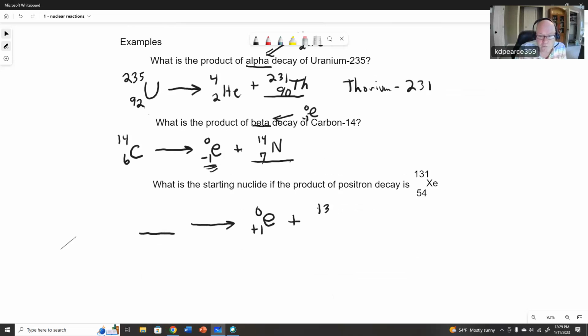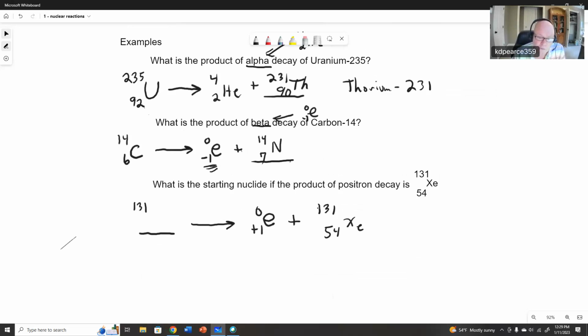This time we're given the atomic symbol. And now we have to work back towards the reactant side. Well, let's see, 0 plus 131, we have to make sure the tops, or the atomic mass numbers, add up, and that would be 131. And we look over here to the right-hand side on the product side, and we see plus 1 and 54 for the atomic numbers.